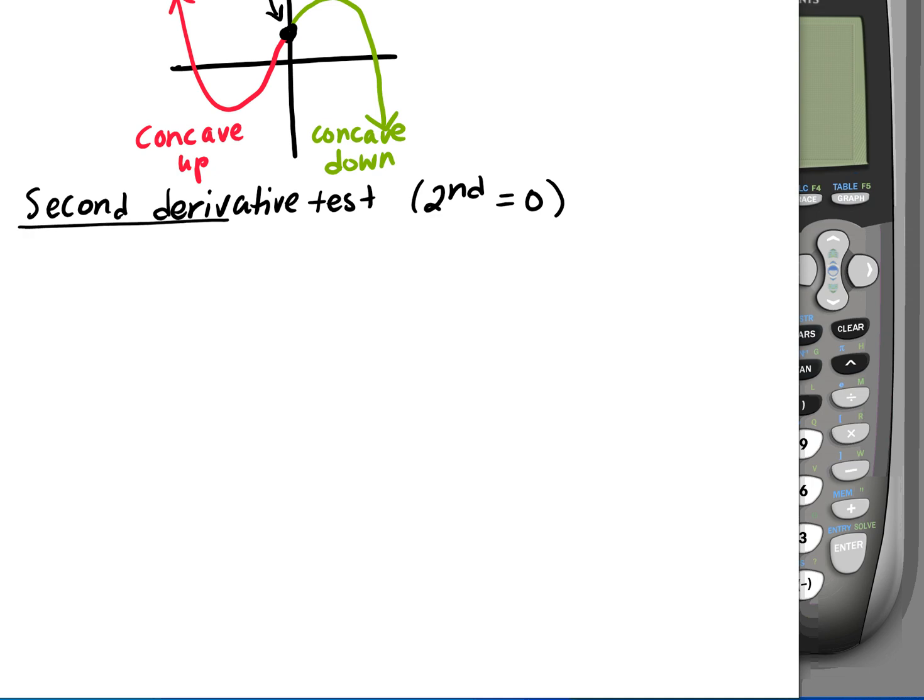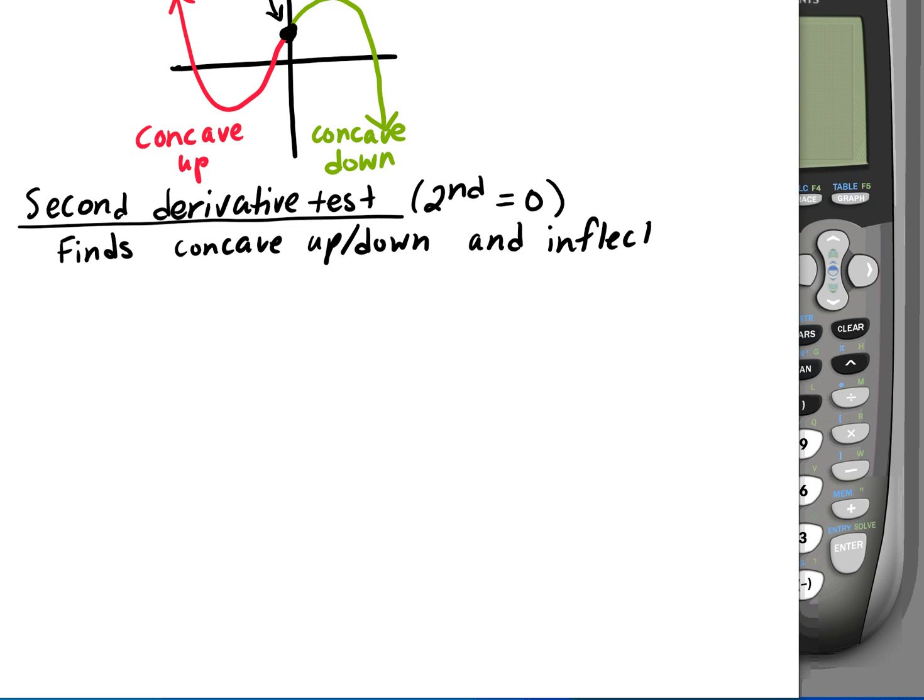Again, this will find concave up, concave down intervals, kind of like the increasing, decreasing intervals, and also inflection points. So rather than max min points, the x values we get potentially are inflection points. We will have to check the positive negative to make sure that that's true.